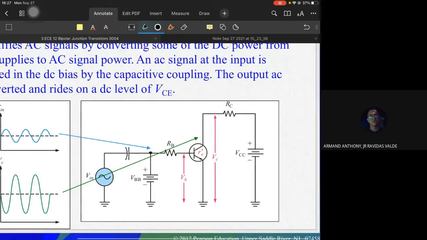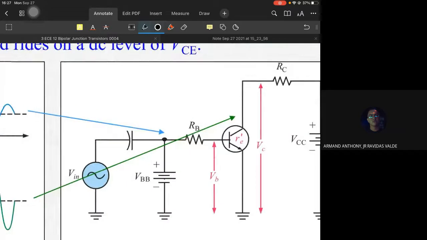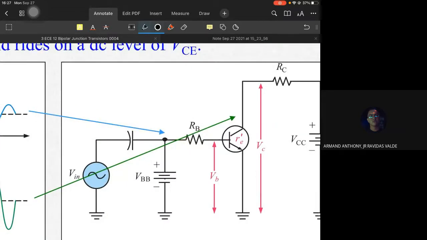So what happens here is, if we have a signal source here... So this is IB.